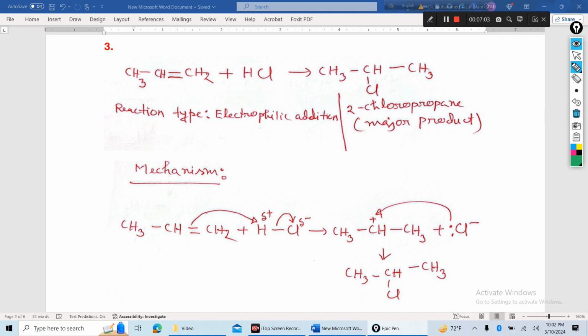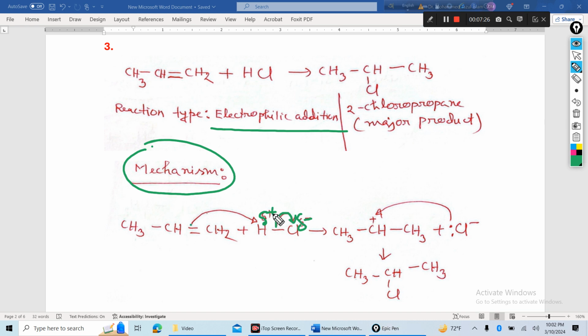Now the reaction type is electrophilic addition reaction. So you see the mechanism. First, chlorine is more electronegative, electron is going to this chlorine, it becomes delta minus, and hydrogen becomes delta plus.